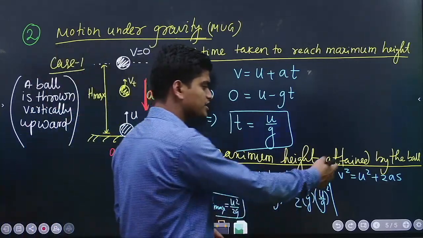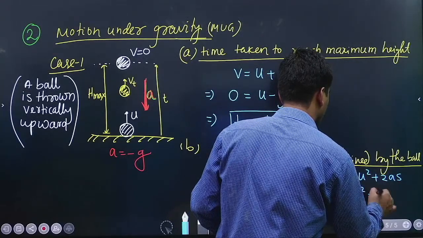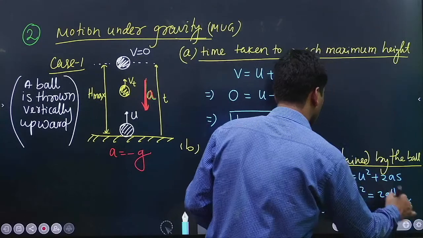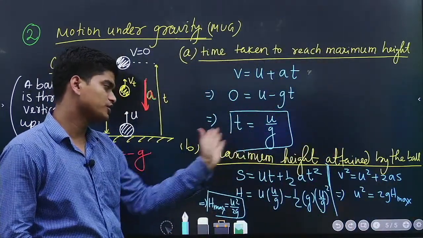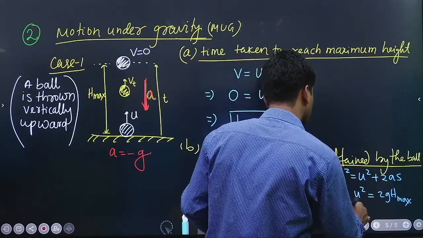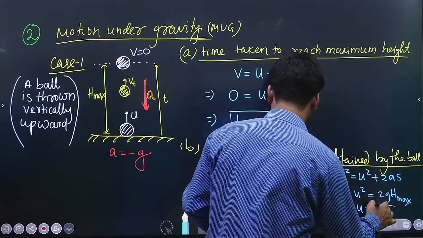And here also it is the same thing: final velocity 0, substitute everything, you'll get u square equal to 2g h max. In place of a I am putting minus g and v equal to 0, so u square will come on this side, and here the minus will get cancelled.